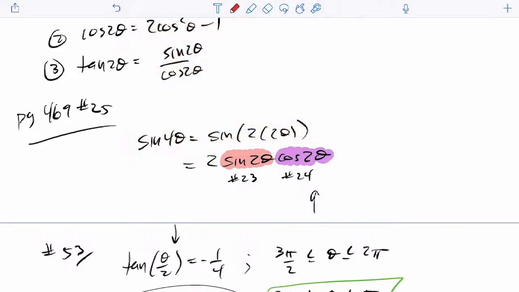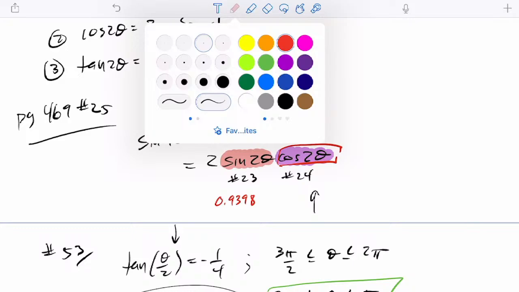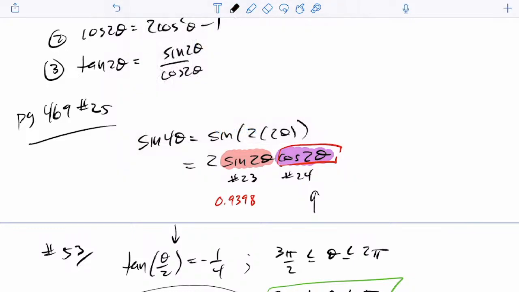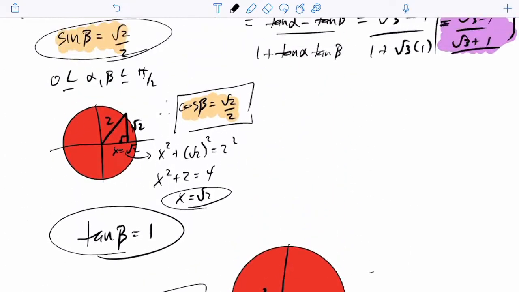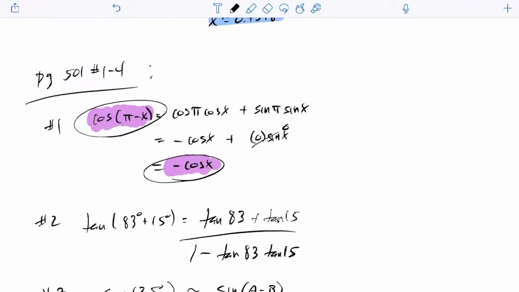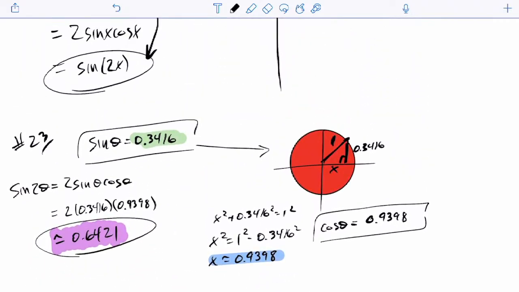So for 23, we got 0.9398. Now they wanted, in 24, they asked for the cos of 2 theta. So if you wanted to answer 24, because you kind of need that to answer 25, let's just grab the information from 23. I'm just going to grab this here.